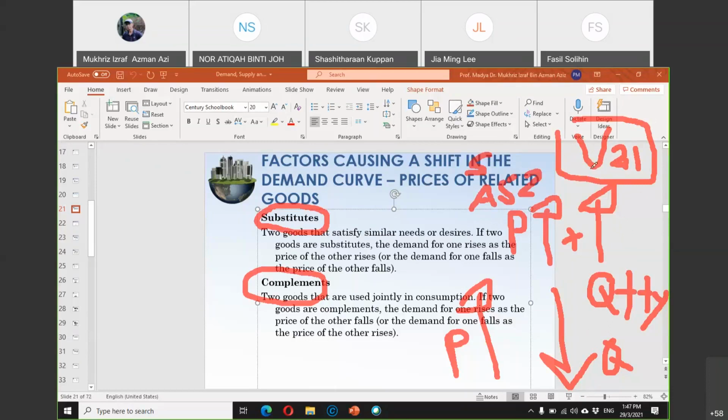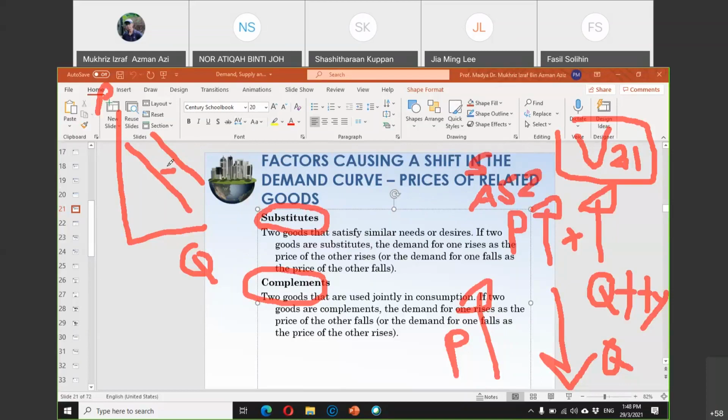If I were to plot the graph, I will plot the demand for Vivo, not the demand for Samsung, because the effect is on Vivo. The demand curve is for Vivo, not for Samsung. The one causing the change is Samsung, but the effect is on Vivo. So the demand curve that is shifting is Vivo's, shifting to the right.